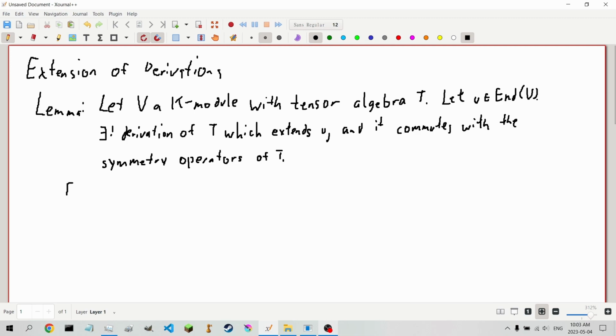Now, here's our proof. We're going to let f be equal to n copies of V multiplied together.